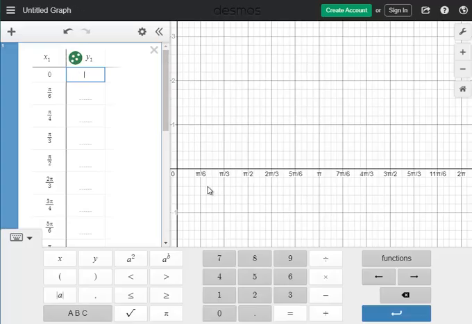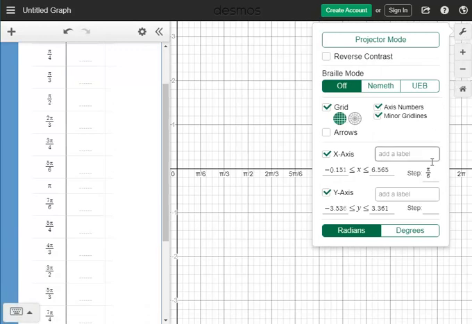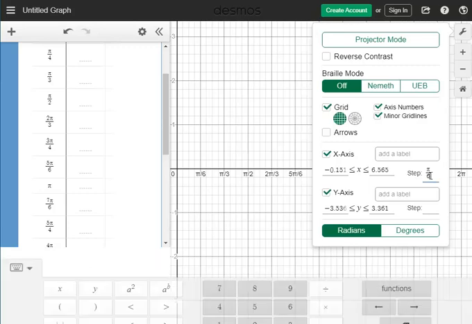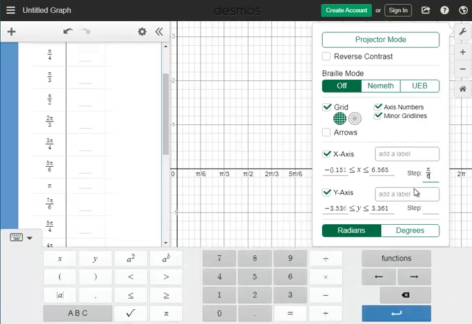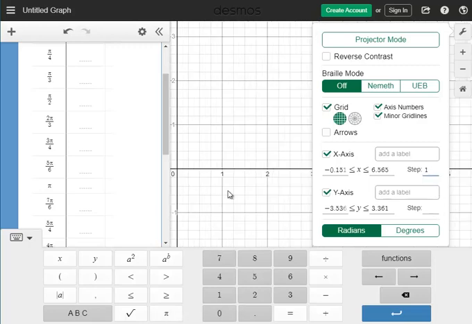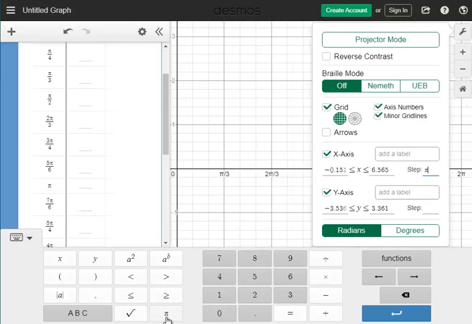So you'll notice that I've already made the x-axis pi. If you're wondering how I did that, I went up to this little graph setting and changed the step from numbers to pi. When you click to type something in Desmos, there's a pi symbol there that you can just insert, and by doing that it goes from a number system, like 1, 2, 3, to a pi system.